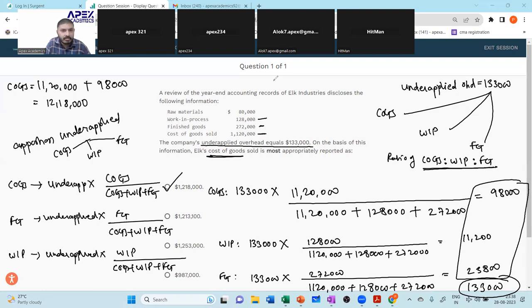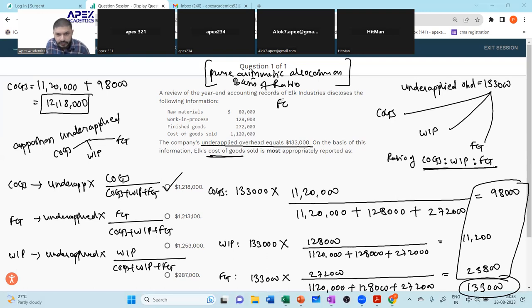This is nothing but a pure arithmetic allocation on the basis of ratio. That's all that this is. That's all that it can ever be. Now, my dear students, while I have successfully calculated 1218, I'm interested in finding out my finished goods.